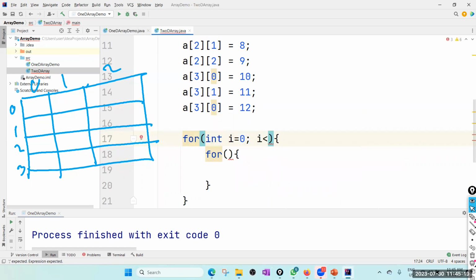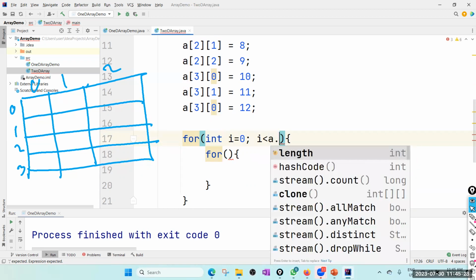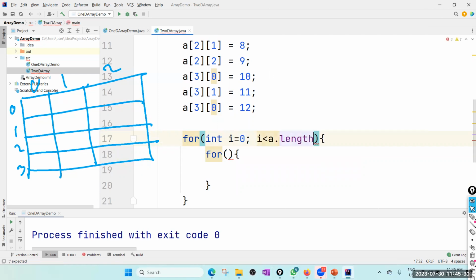Remember, the length property will give you the number of rows, not the number of columns, because this is a row property. So it must be less than a dot length. You should be able to write it in one shot. Of course i plus plus, that iterates from the 0th row to the first row, second row and so on. Now once you get into a row, I want to iterate the columns or the fields, say int j again, it starts with 0.